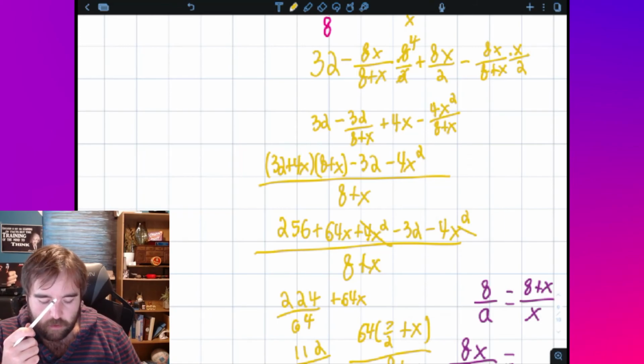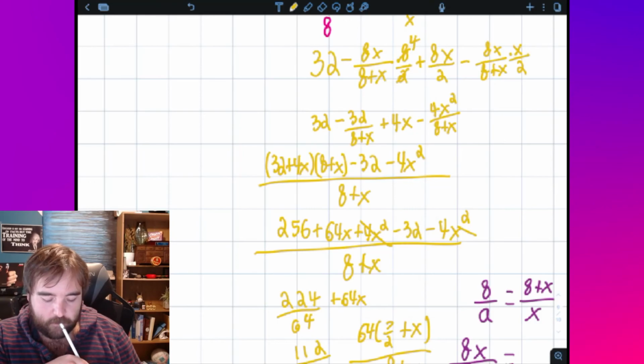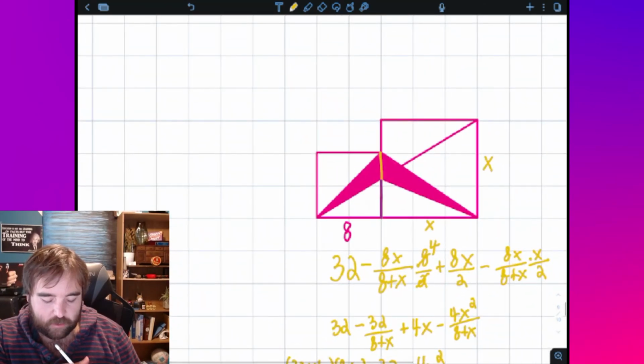Oh! Yeah. Wait. No, never mind. I put that all over there. It really feels like I did everything right. The minus 32 is what's so weird. That's that triangle, 8 times 8x over 8 plus x divided by 2.